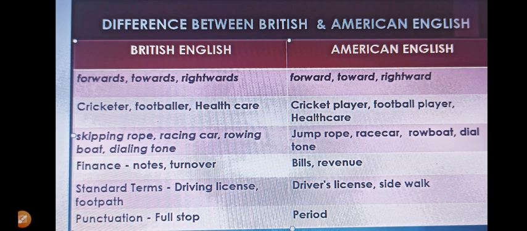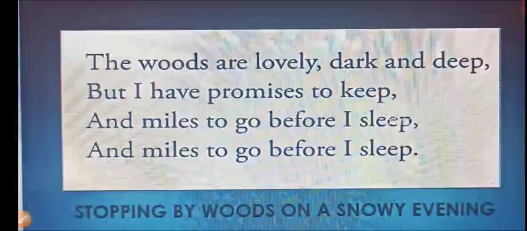This is somewhat conveying the four very inspiring lines from the famous American poem written by Robert Frost, who is one of America's most celebrated poets. The lines are: the woods are lovely, dark and deep, but I have promises to keep, and miles to go before I sleep, and miles to go before I sleep.